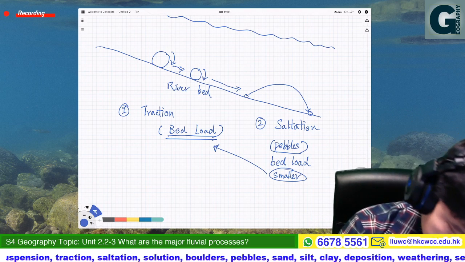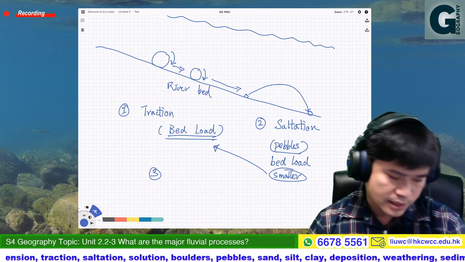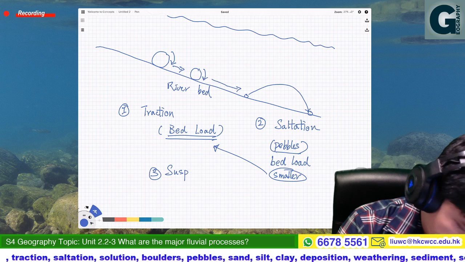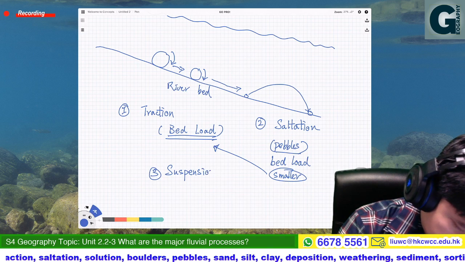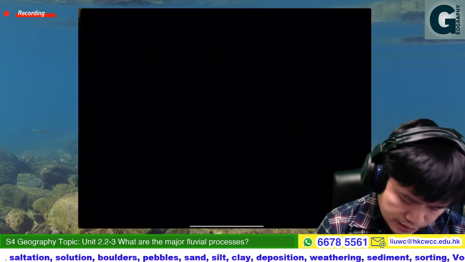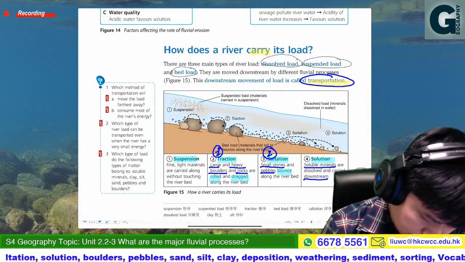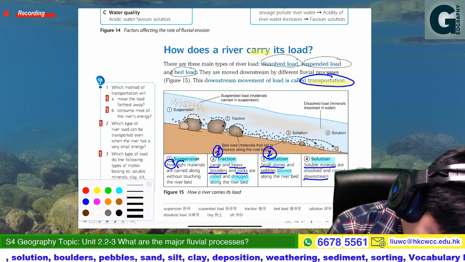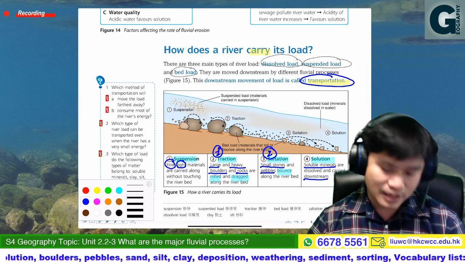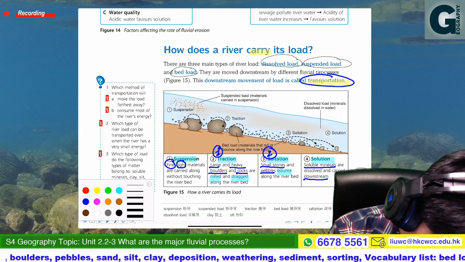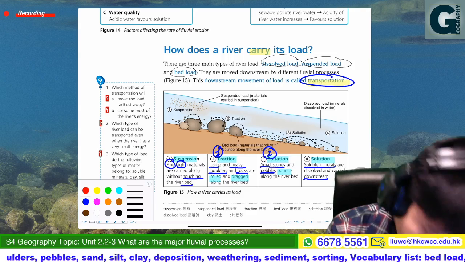Then the last one, we would call it suspension. What is suspension? Suspension means some fine, light material is carried along without touching the riverbed.